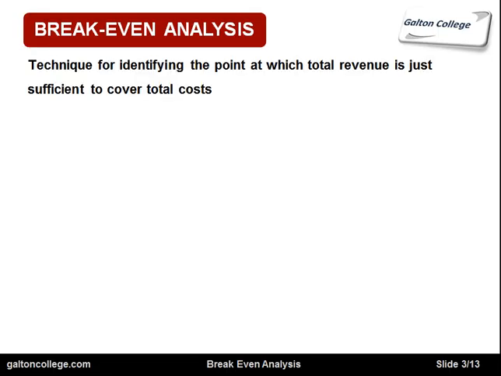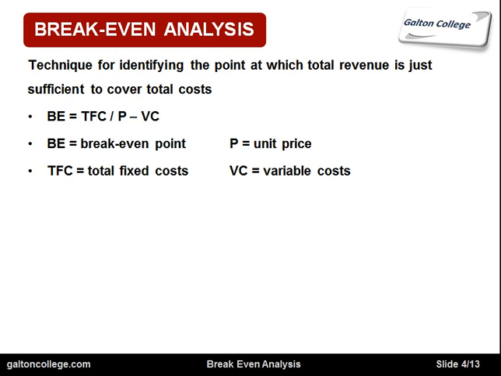Break-even analysis is a technique for identifying the point at which total revenue is just sufficient to cover total costs. In other words, it's the output level at which total revenue and total costs are equal. The output level where both balance. That's break even. And it's calculated using a very simple formula, and we'll see how it works in a second.